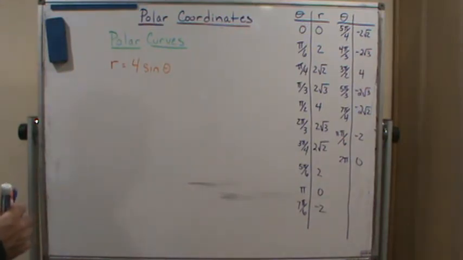Now that we have the table filled out, it's just a matter of plotting the points. And if we plot the points, what do we get?